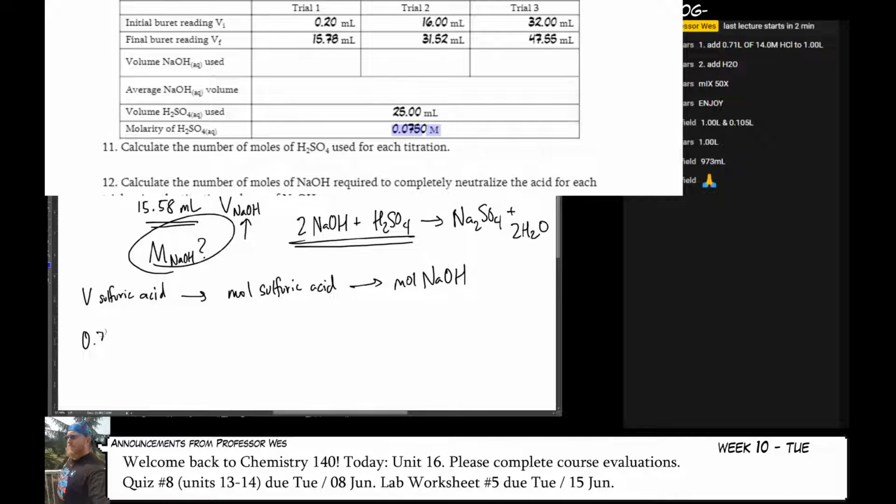I'm going to turn that into liters. And then I'm going to multiply that by the molarity of sulfuric acid. And then I can turn moles of sulfuric acid into moles of sodium hydroxide. And that will give me this.